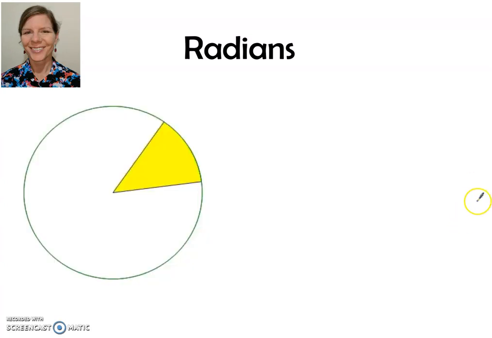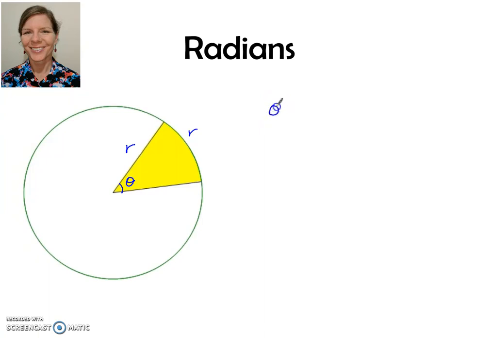The idea of a radian is that if you have a circle with radius r, and you have an arc length here that is also r, then this angle here, theta, is known as 1 radian.